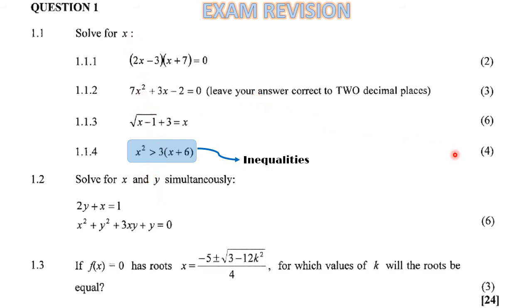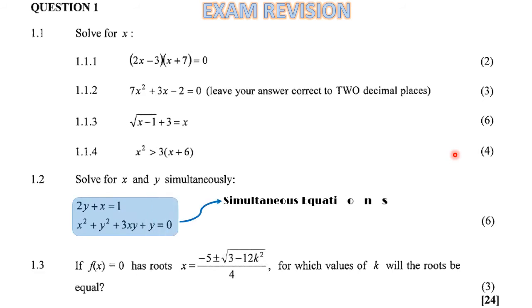All right. Now, another type of question that will always be there is this type of question, where you are supposed to solve equations at the same time. Okay, you solve them simultaneously. And in Afrikaans it says selftertyd. It means simultaneous. It means you solve these equations at the same time. So when we say at the same time, we mean simultaneously.